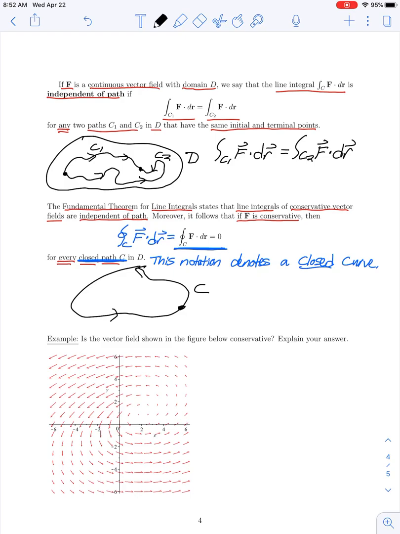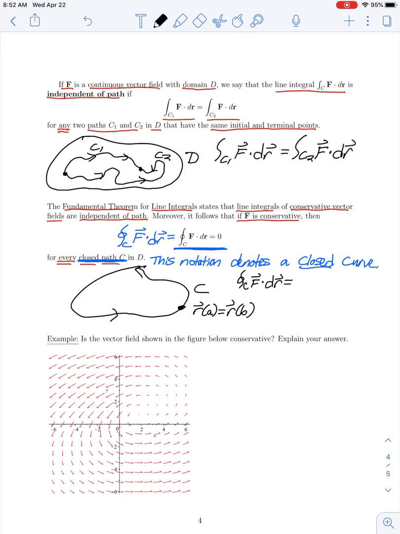So that is, if we consider this curve as the graph of a vector function from t equals a to b, the value of the point at time t equals a is the same as the value at t equals b.